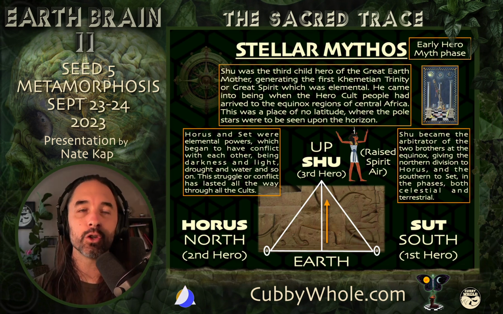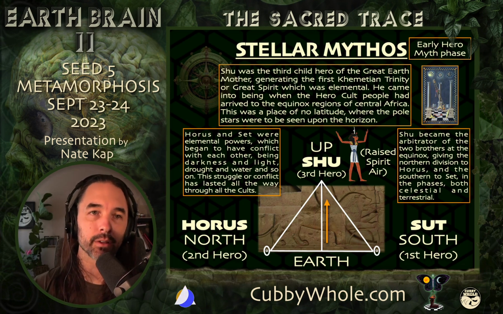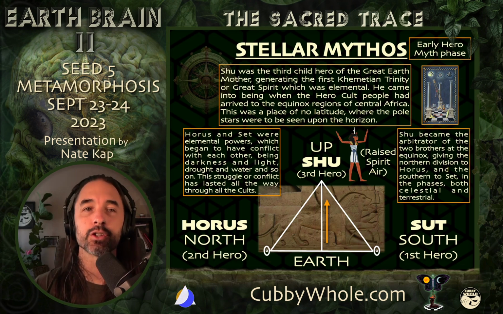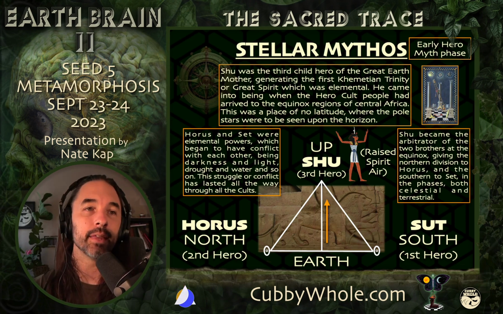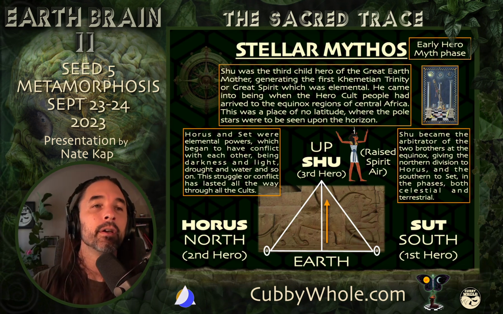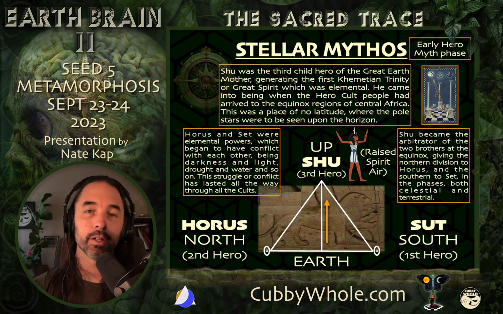Shu became the arbiter of the two brothers at the equinox, giving the northern division to Horus and the southern division to Sut or Set in the phases of both the celestial and the terrestrial, dealing with the stars, the night sky and the earthly realm.